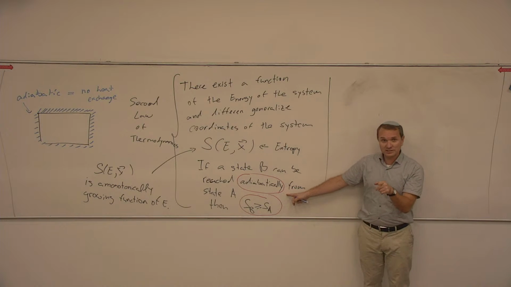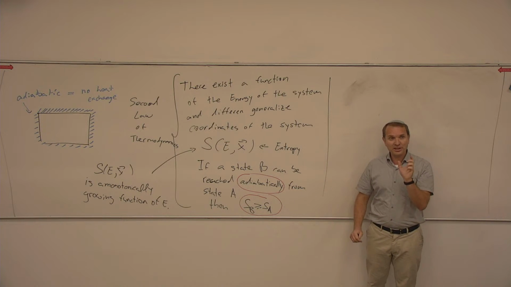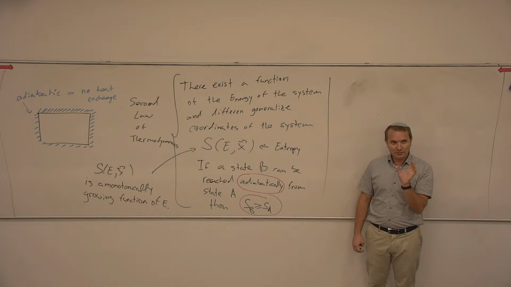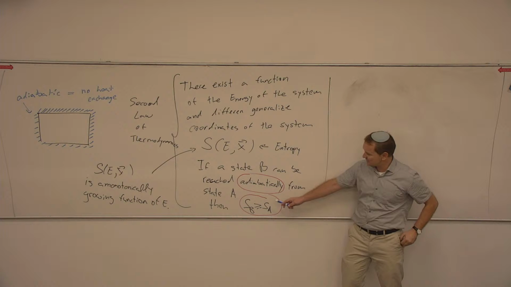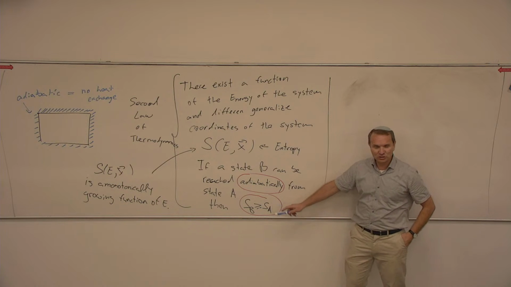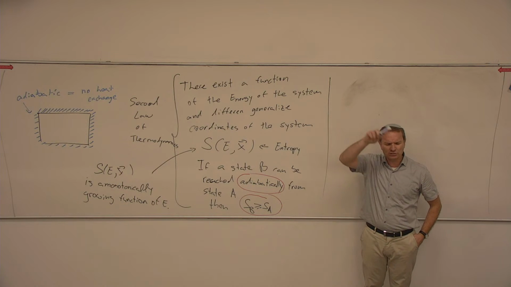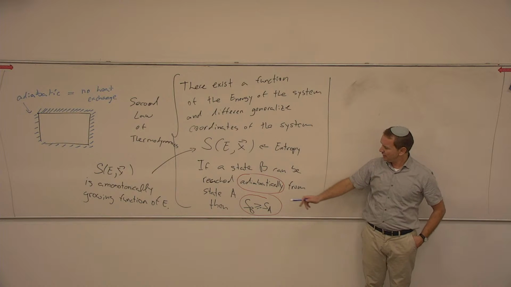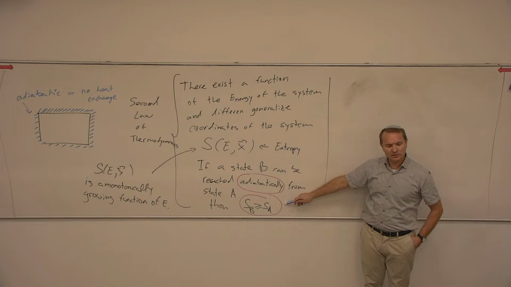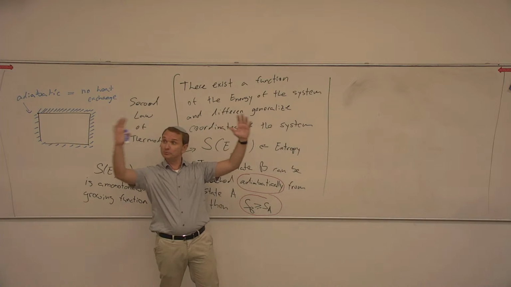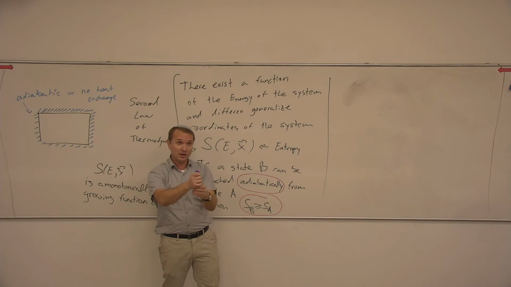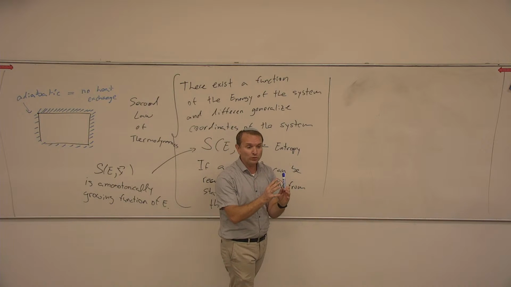So you see there is something about the energy. When you heat up stuff, maybe the entropy will grow or maybe it will decrease, but it's still going to be this function. So if you account for all the entropy of the whole system, it has to satisfy this condition. Sometimes, if you look at a part of the system, the entropy of something can go down.